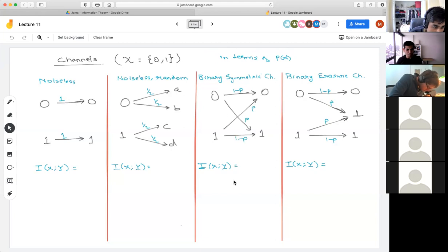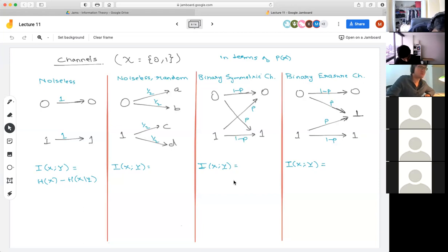Any guesses what happens in the first case? It should be n, right?